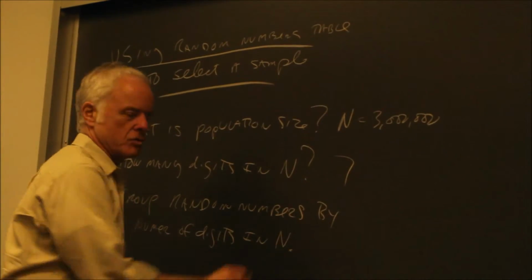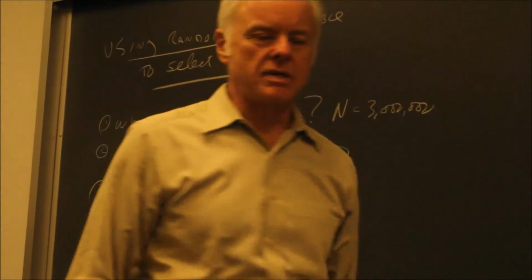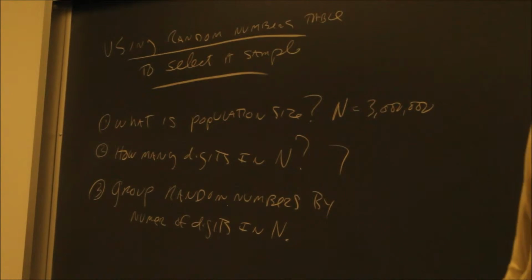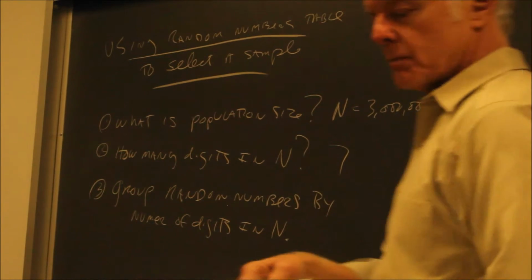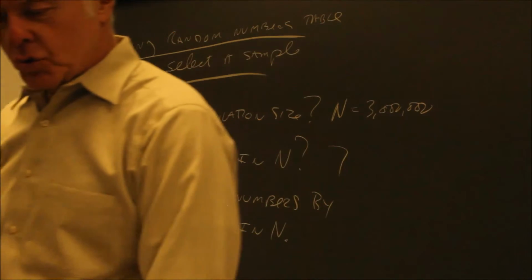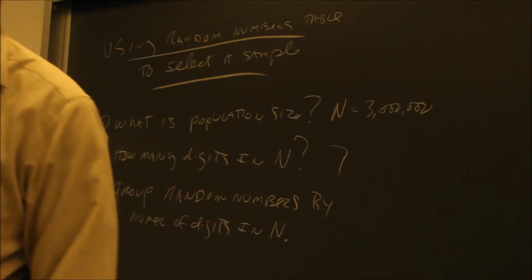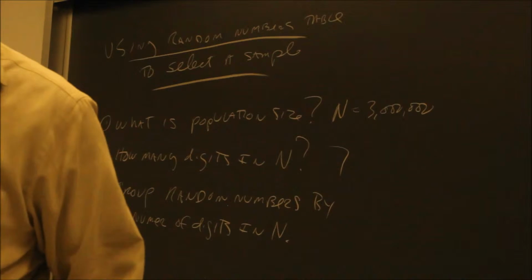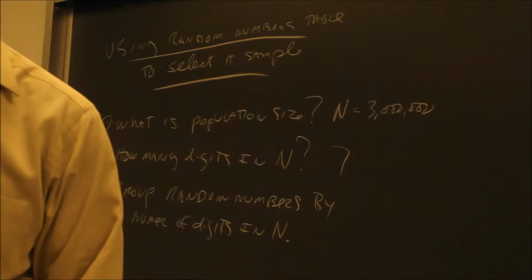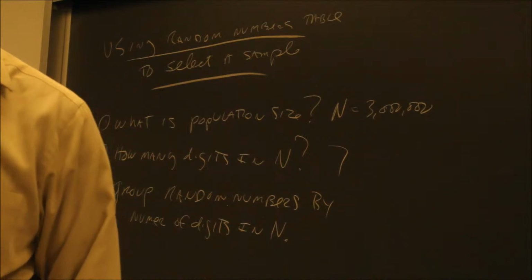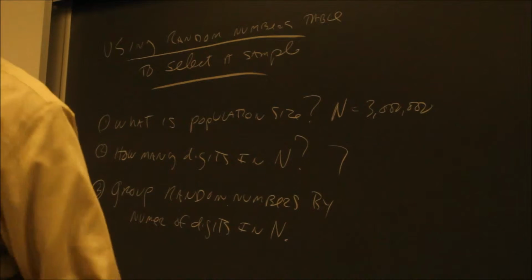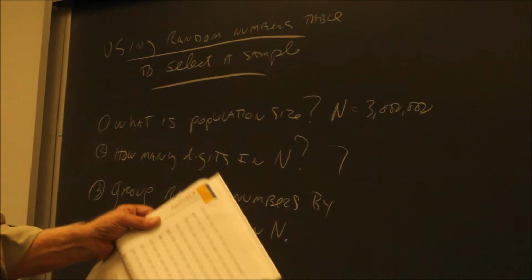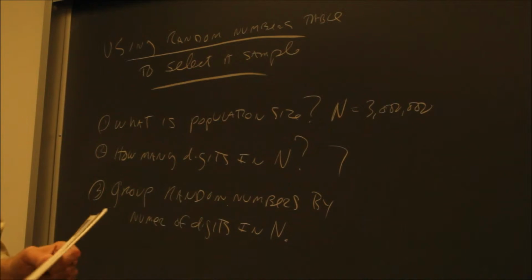And so there is a random numbers table in this book, and this is the one I'm going to have you use on the final. And so if we go to, let's see where it is. It's in appendix, oh here it is, appendix B, page 771, is a table of random numbers. And in this table here, you can start any way you want.